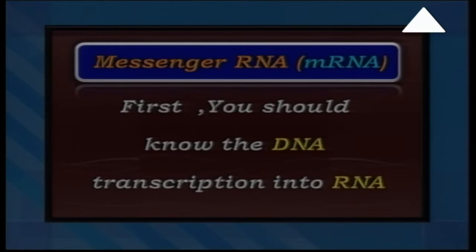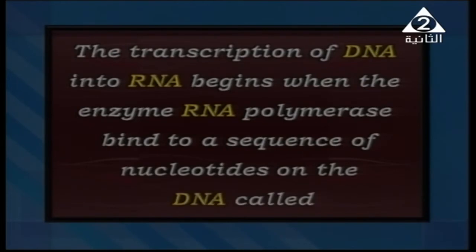First, you should know the DNA transcription into RNA. The transcription of DNA into RNA begins when the enzyme RNA polymerase binds to a sequence of nucleotides on the DNA that's called a promoter.